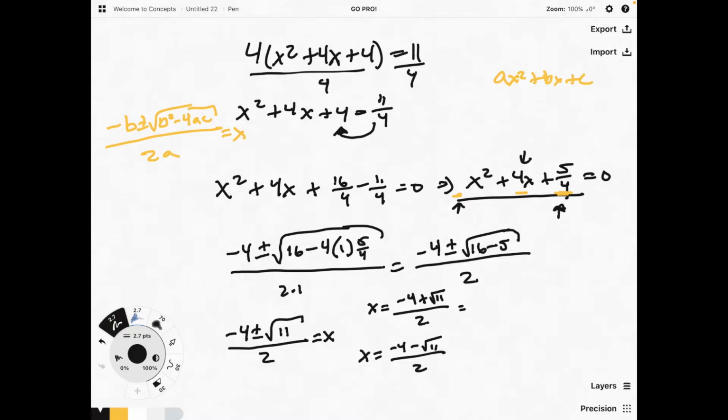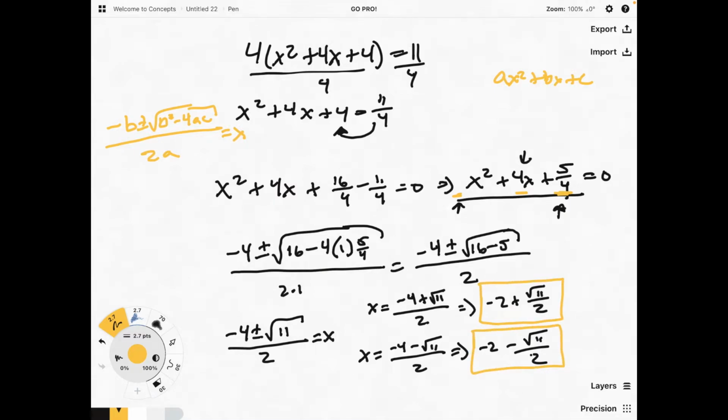This can be simplified down to negative 2 plus the square root of 11 divided by 2, and this could be simplified down to negative 2 minus the square root of 11 divided by 2. And these are your answers. Very, very simple if you follow the equation. Both of these are equal to x.